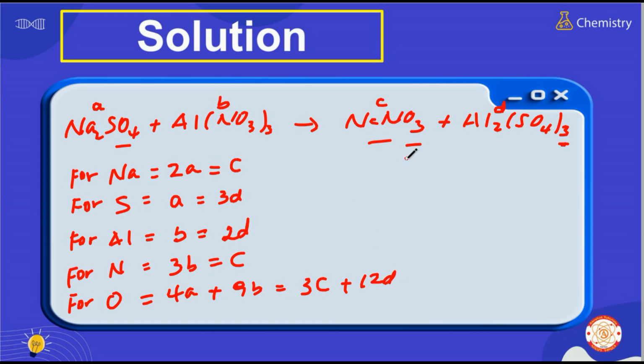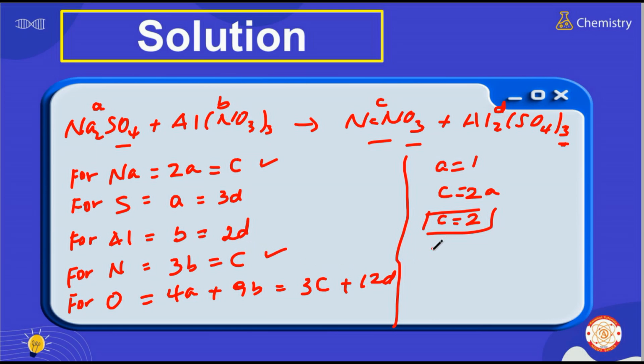Okay, now let us assign the smallest whole number for A. A equals 1. If A is 1, take this. C is equal to what? Twice of A. So that gives me 2. C is 2.